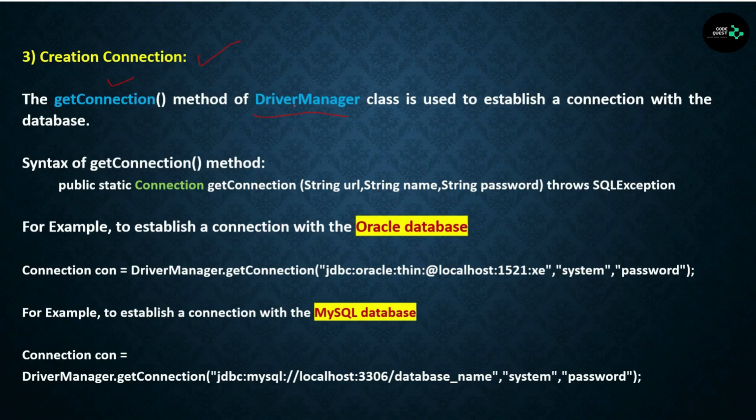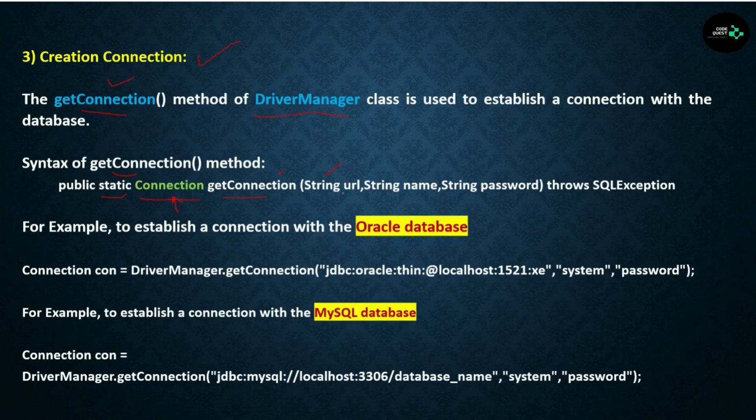By using this DriverManager class, we will invoke this getConnection method, and the getConnection method has a return type which is the Connection interface, which means whenever I invoke this getConnection method with the help of the DriverManager class, at the end we are going to return an object or a reference of the Connection interface.